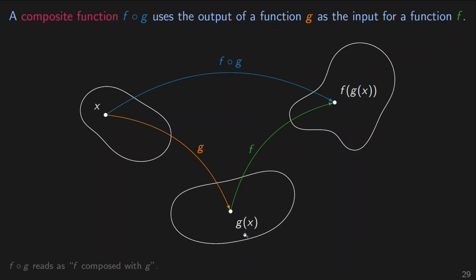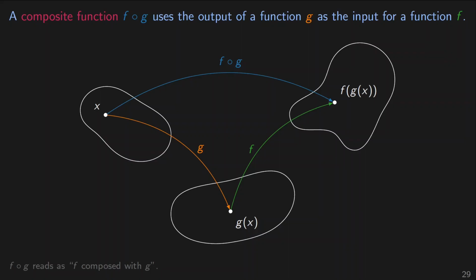Now this range is going to act as a domain for the function f. And so we use g of x as the input for f. So we obtain f of g of x. So first we apply g to x, and then we apply f to that result. And so we obtain f of g of x. Now you can also think of this immediately, right?